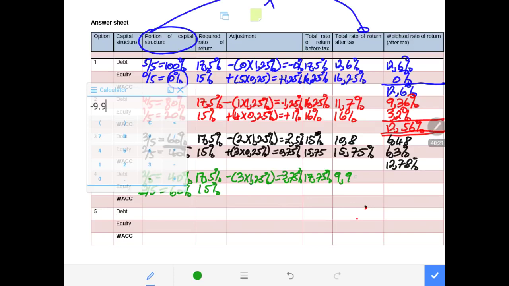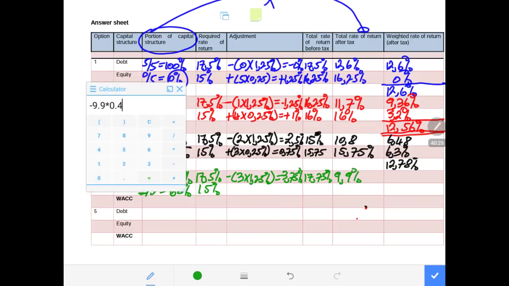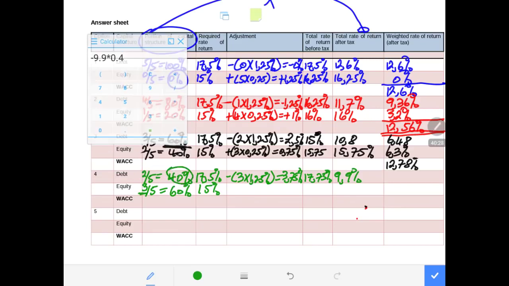And 9.9% times 0.4, which is the weight of 40%. It gives us 3.96%. That is the weighted average cost of capital for debt where we only borrow 150,000 rands, meaning 2 of the 75,000 through debt.